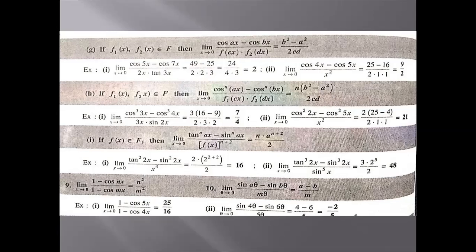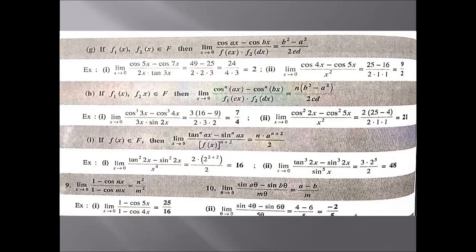Limit x tending to 0 of 1 minus cos nx by 1 minus cos mx is equal to n square by m square. For example, limit x tending to 0 of 1 minus cos 5x divided by 1 minus cos 4x is equal to 25 by 16.